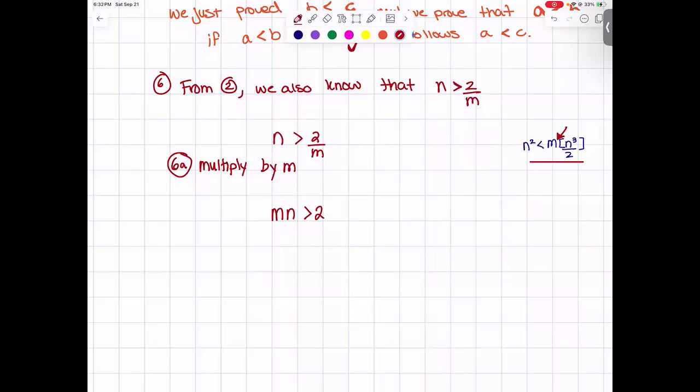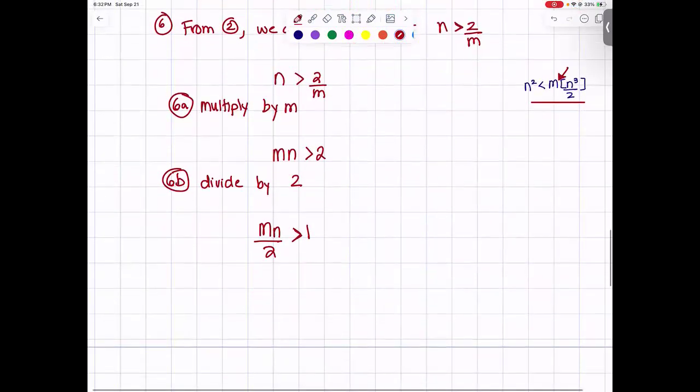So then we can divide both sides by 2. Okay, 6b, divide by 2. So we'll end up with mn over 2 is greater than 1. And the last thing that we need to do here, 6c, is multiply by n squared.